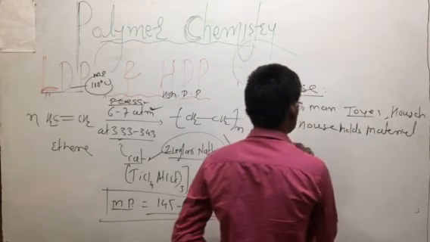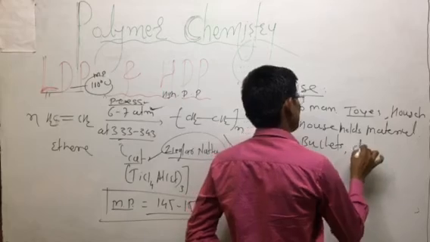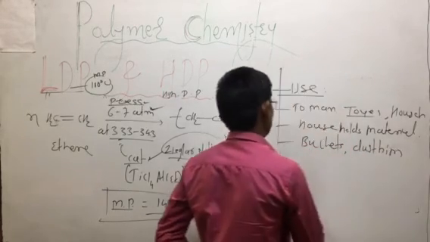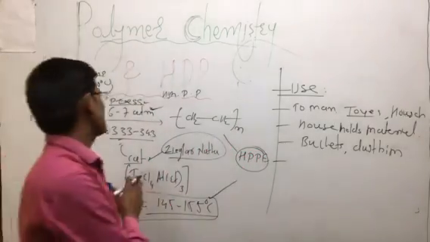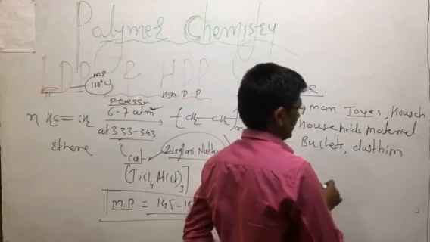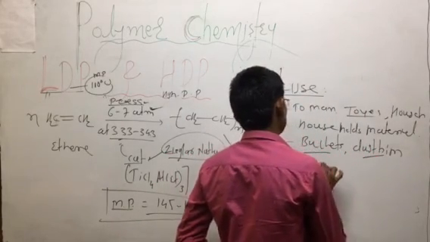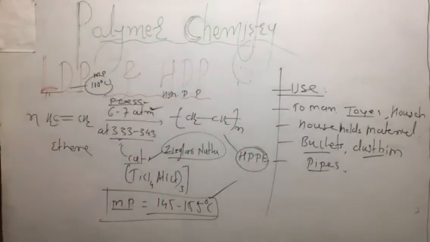It is also used to prepare buckets and dustbins. It is not as tough as LDPE. It is also used to prepare pipes. So these are the uses of high density polythene.